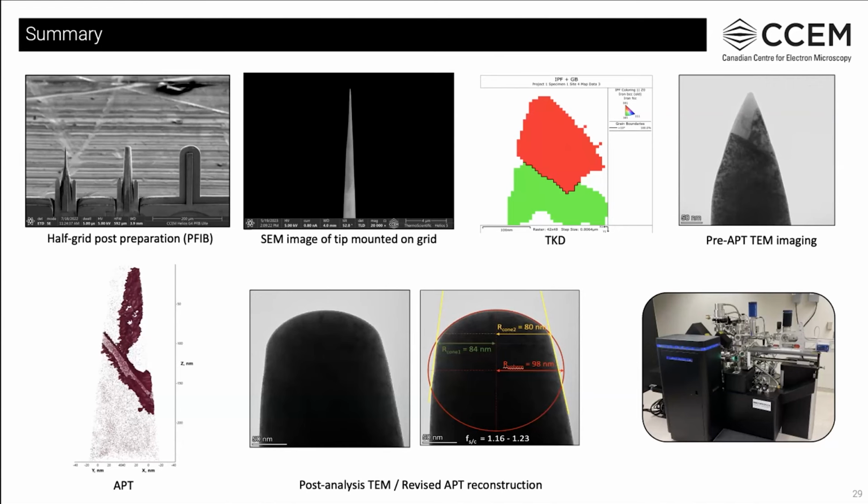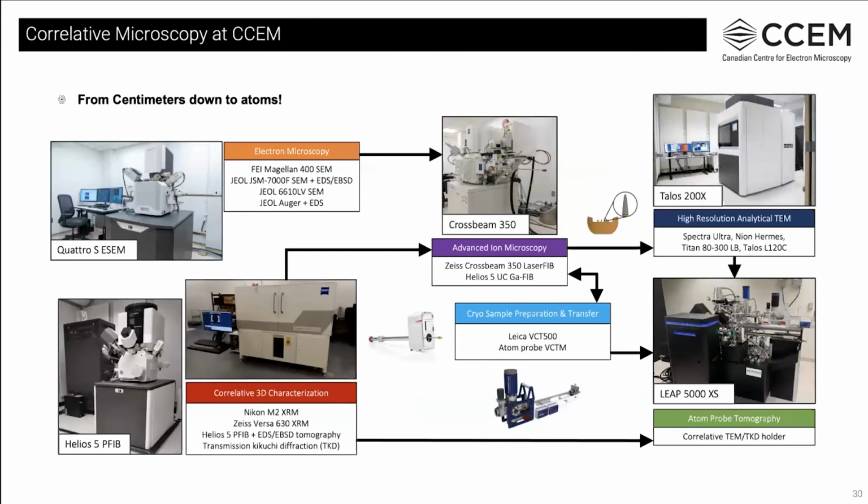We are excited to use this type of workflow on more types of projects, and hopefully we'll have a lot of new interesting results soon to share with you in another webinar. So to finish up, there's one last correlative piece that we can add to this workflow that I want to briefly share, and that is using our laser FIB.